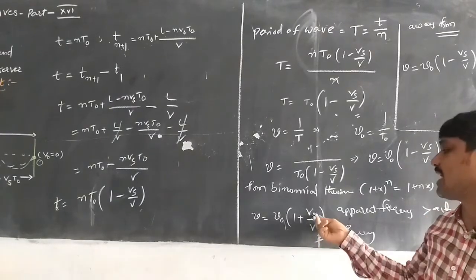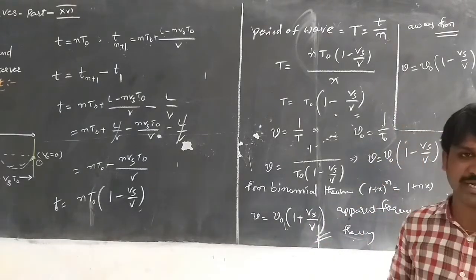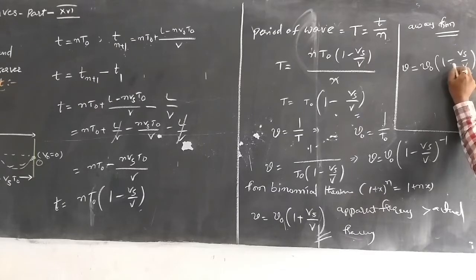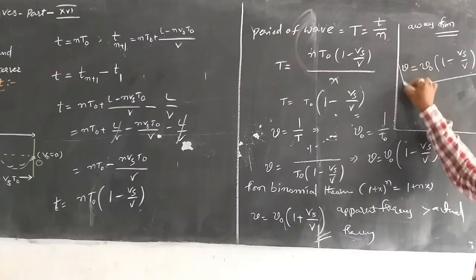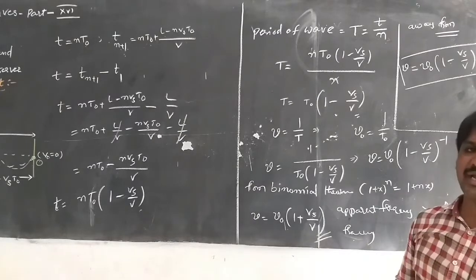Whenever it is receding from an observer, the frequency goes on decreasing second by second, so nu is equal to nu naught of 1 minus Vs by V when the source is moving away from an observer.